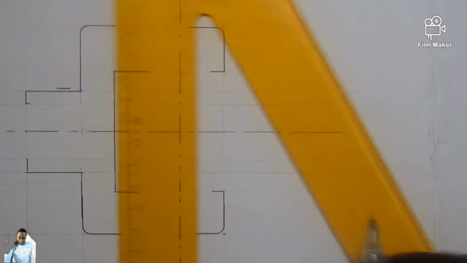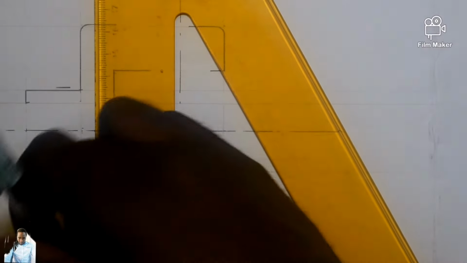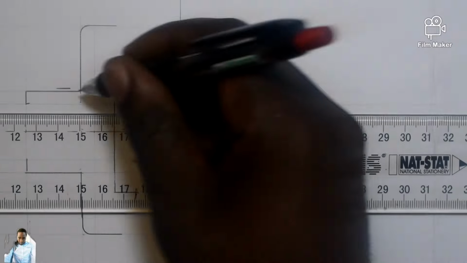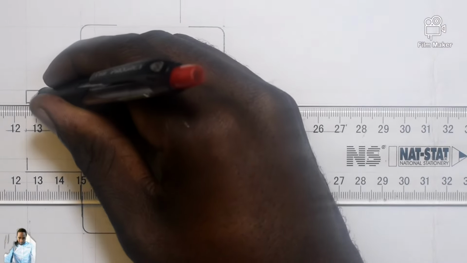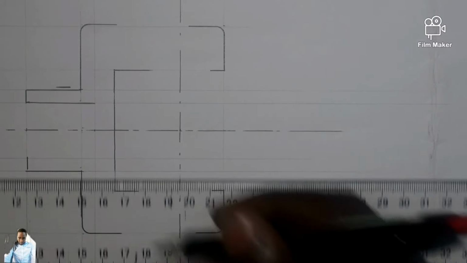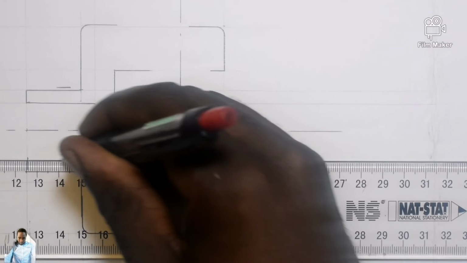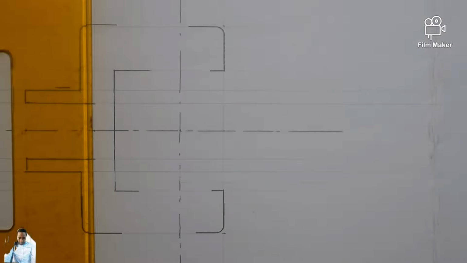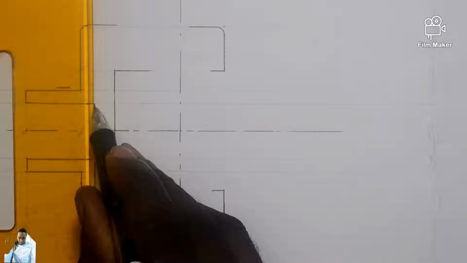Then I am going to have this faint line. So this one I am going to draw dark now, from here till there. As we've said, it is going to change to dark again, from here till there, dark.